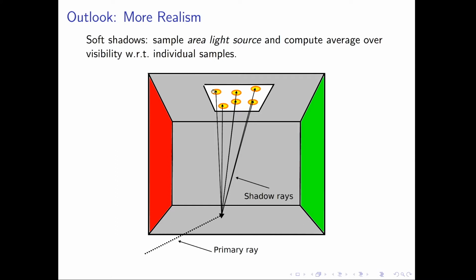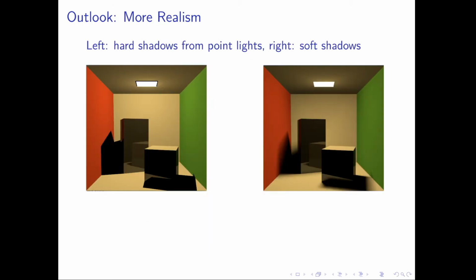So the principle is relatively simple. What we can see is that area lights are actually very prone to uniform sampling patterns. So we usually have some type of jittered or randomized sampling pattern on the area of the light source. And when I replace the light source here at the ceiling of the Cornell box with an area light source, then things actually become much nicer. We can already see how those soft shadows increase the image fidelity quite a lot, right?